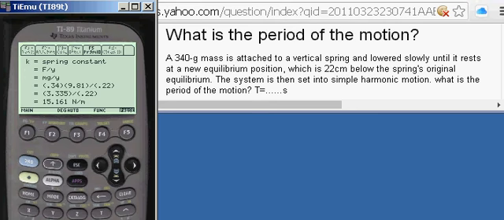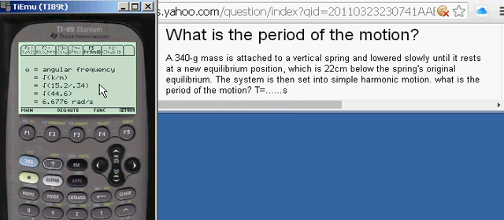Say it's okay. First we find the spring constant because of Hooke's law. Force equals the constant times the distance, stretch. And then because of algebra, we figure out what K is, and here's 15.161 Newton meters.